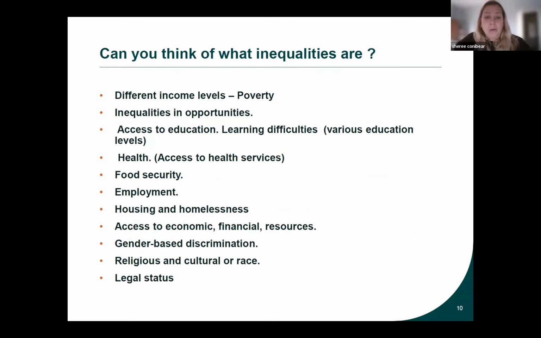So if you think about some of these inequalities, I just listed some here quite fast. People are at different levels of poverty. One interesting fact for me is when I went to work in Uganda and we were looking at the poorest of people, some people said to me, well, actually in Uganda, behind poverty is more poverty.